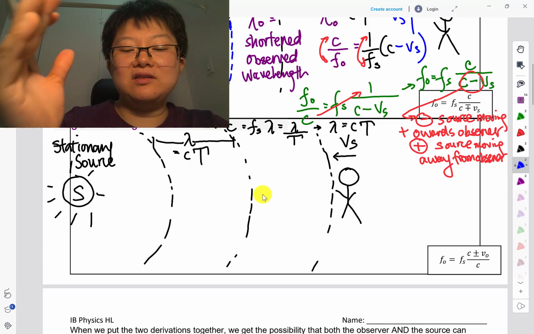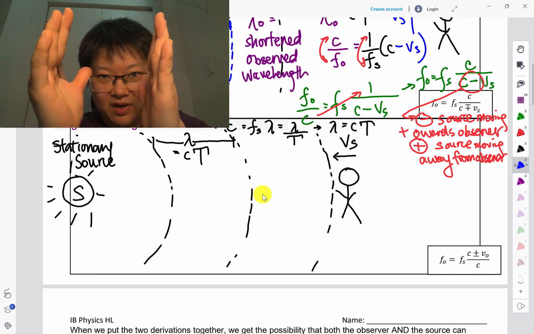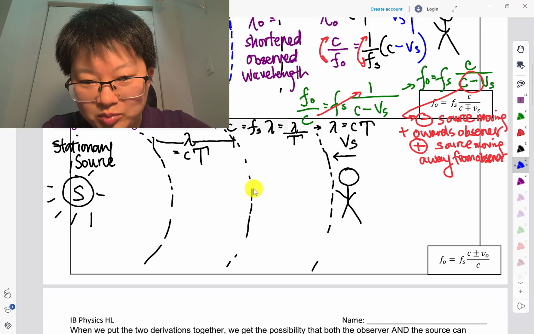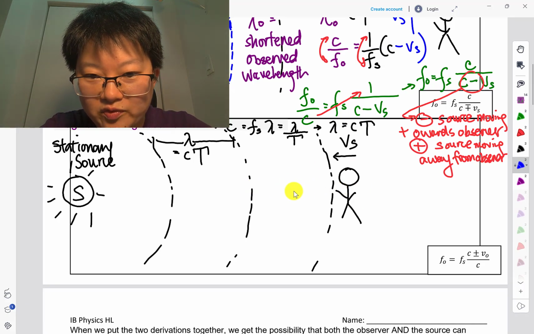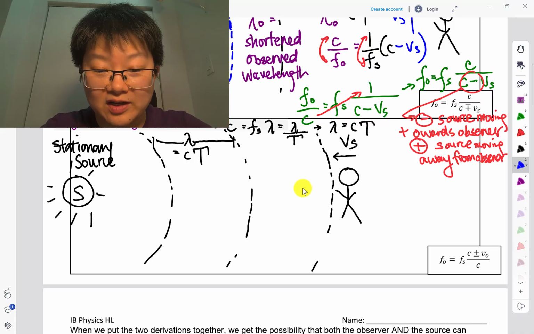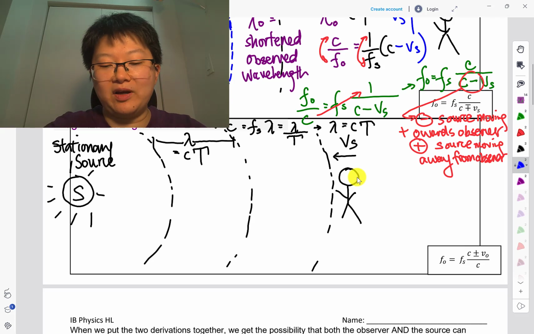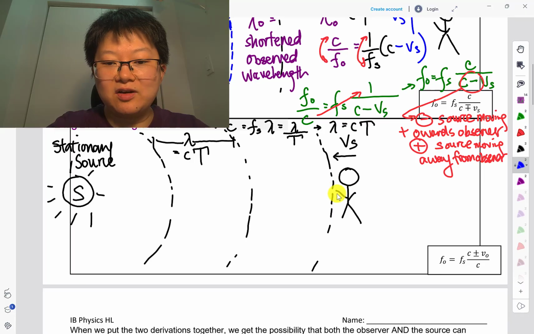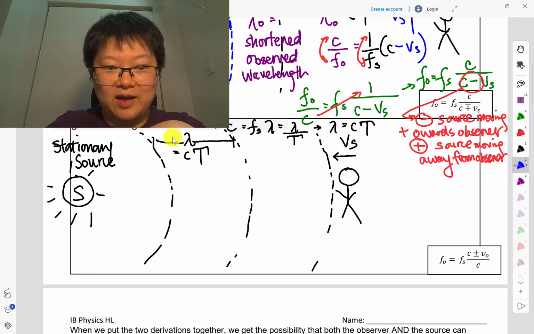This is where it gets a little tricky to visualize, but imagine that this black line here is moving towards the person, and this person is also moving up to that wavefront. Let's compare. If this observer was not moving, then this person's observed wavelength is just going to be this lambda.